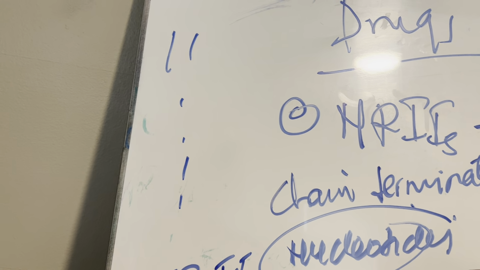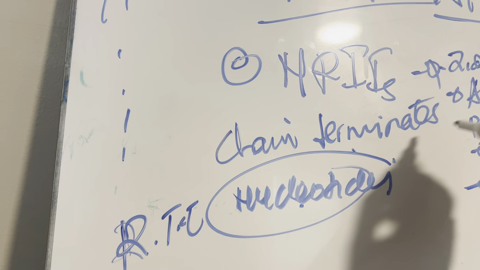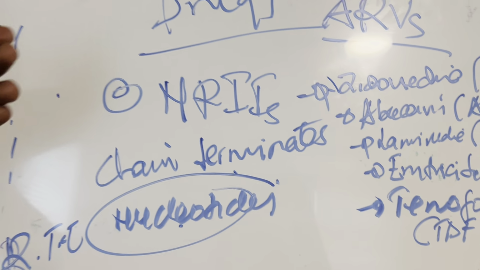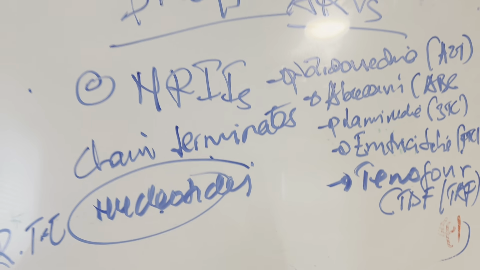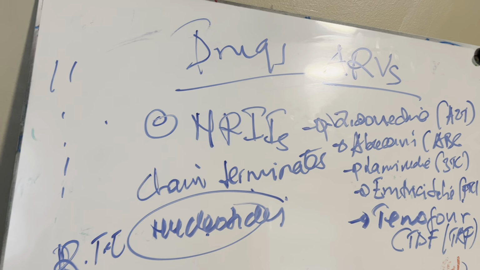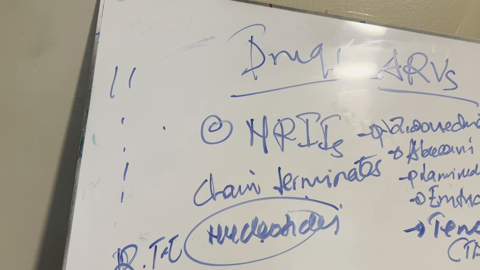So these act as chain terminators. Instead of the nucleotide, for example, zidovudine is put in, and as a result there's no further formation of the chain. So the chain is terminated, and the process of DNA transcription is inhibited. This is how they work.